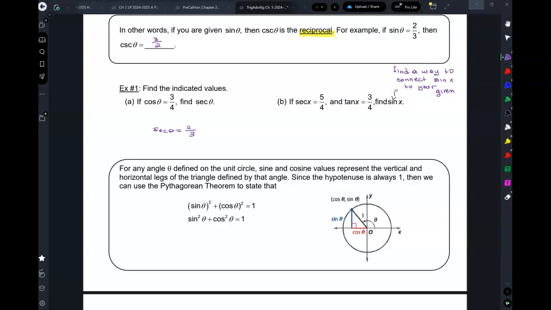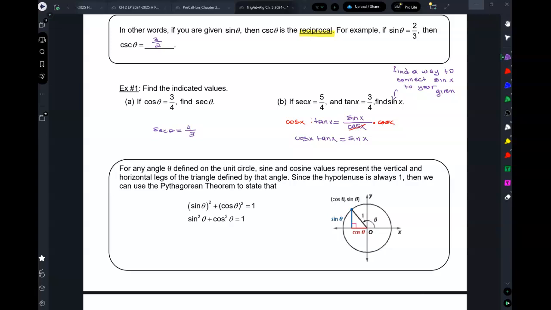You know that tangent is kind of like a composite thing. Tangent is sine x over cosine x, right? And you need to find sine of x. So you can multiply both sides of this by cosine x. Now the cosines will cancel, so what you have is sine of x is equal to cosine x times tangent x.